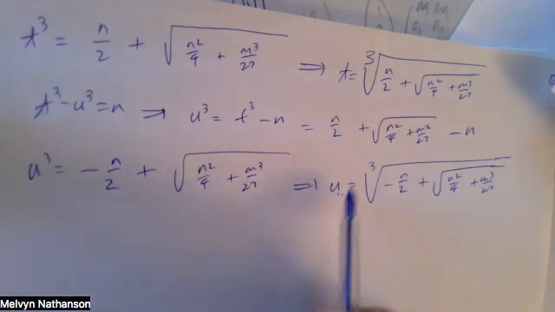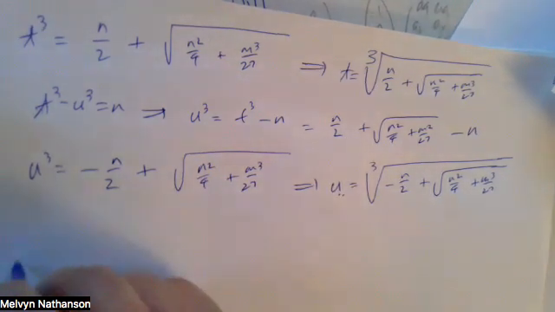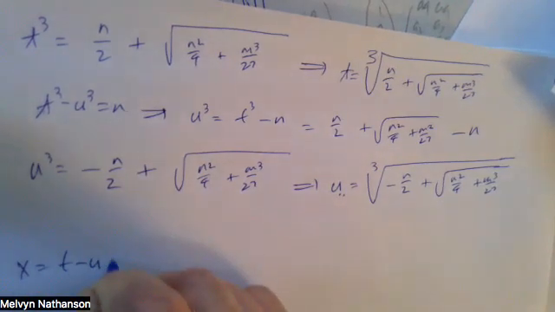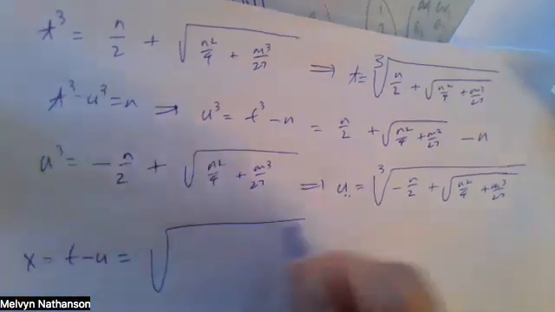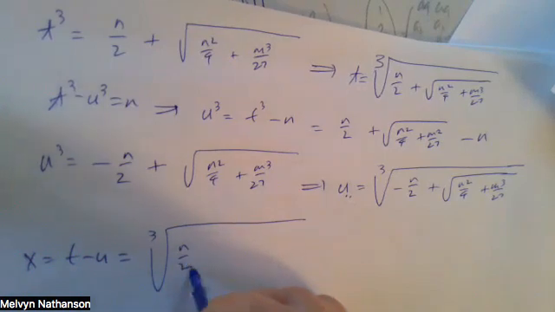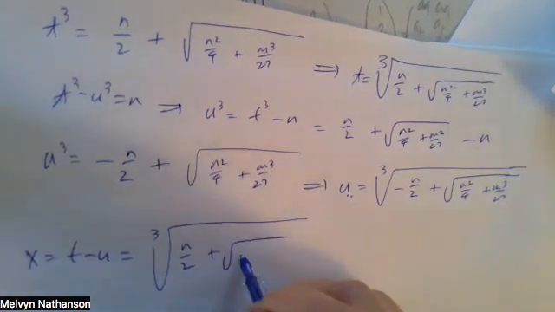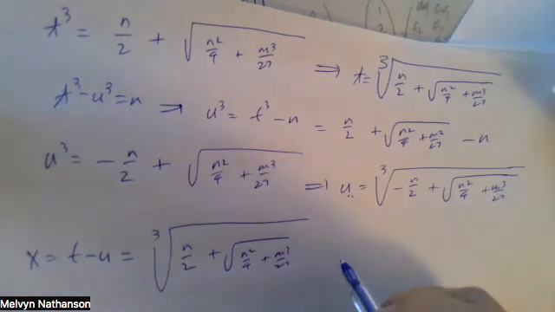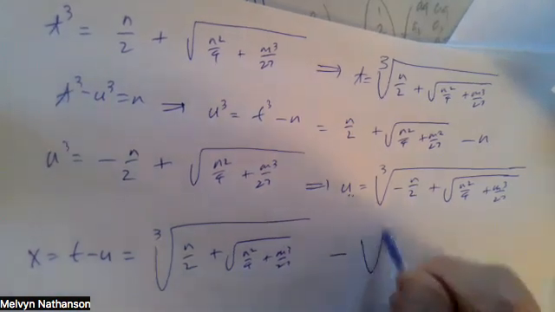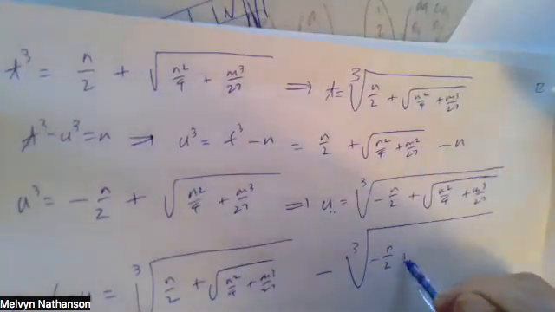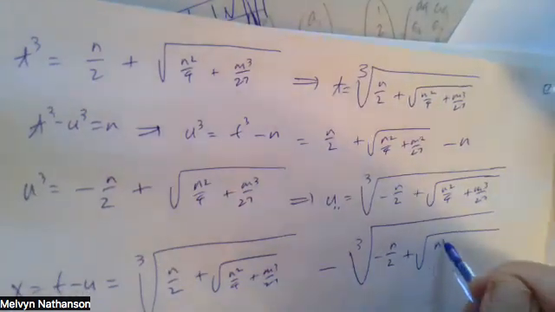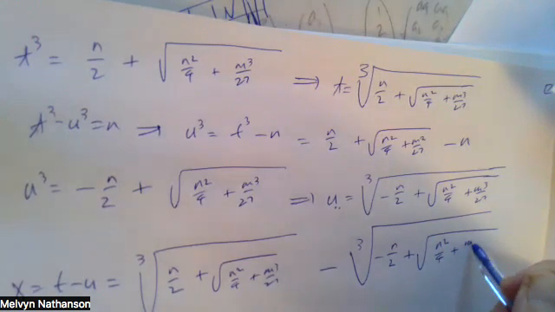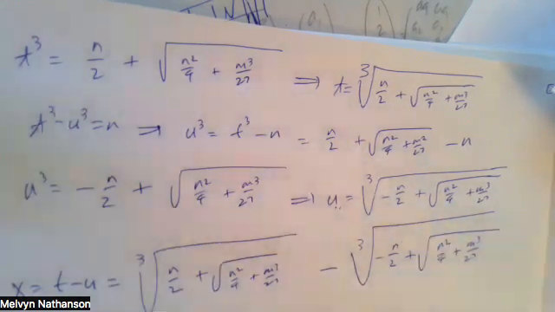So this is u, and this is t, and x equals t minus u. So this is the cube root of n over 2 plus the square root of n squared over 4 plus m cubed over 27, minus the cube root of minus n over 2 plus the square root of n squared over 4 plus m cubed over 27.